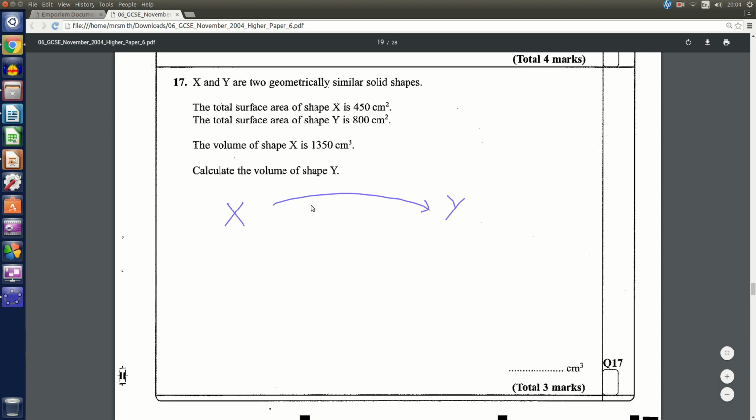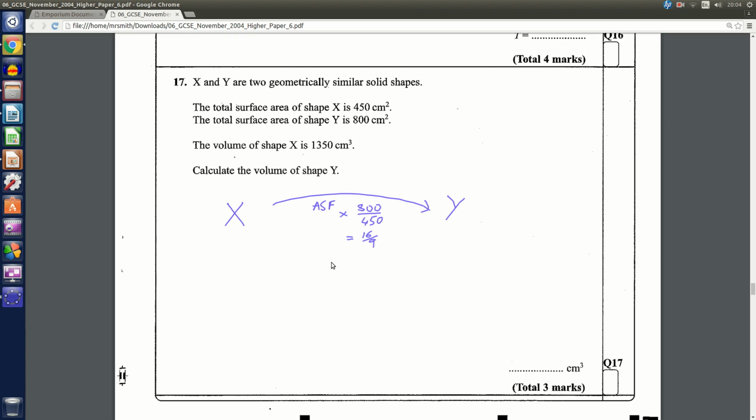My area scale factor is 800 over 450, just by dividing the surface areas, which I can easily cancel down to something really nice: 16 over 9. I say that's nice because I need to work out the connections between area scale factor, linear scale factor and volume scale factor.